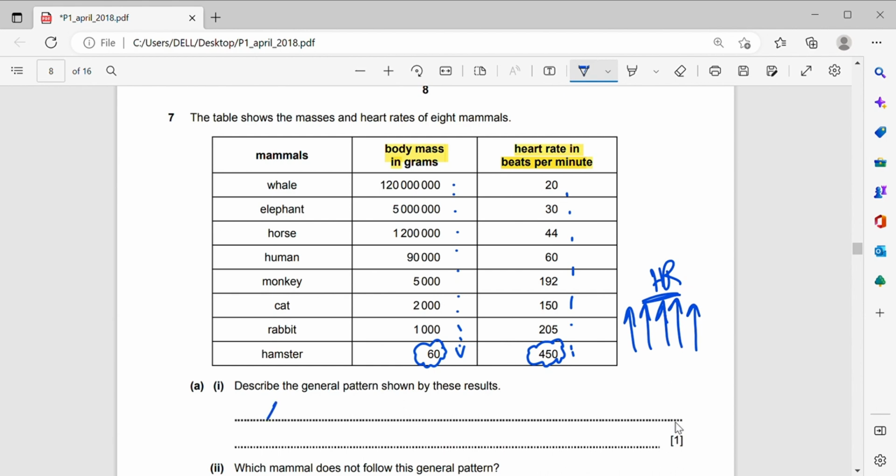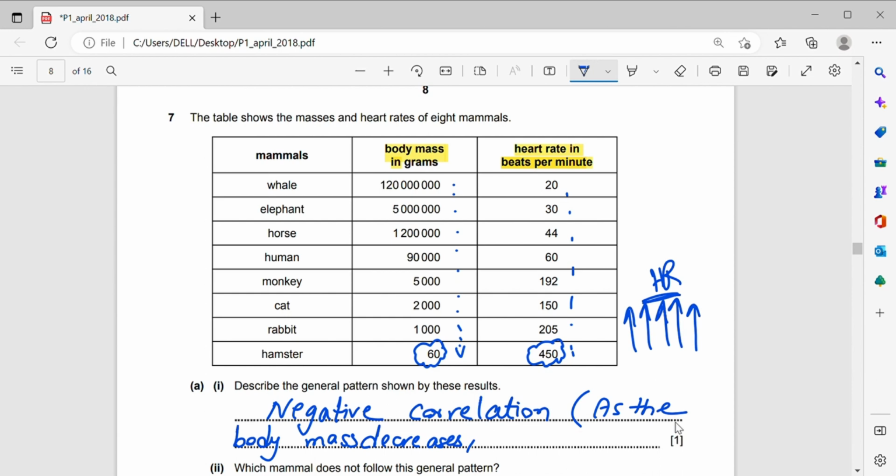In other words, you can write, as the body mass decreases, the heart rate increases.